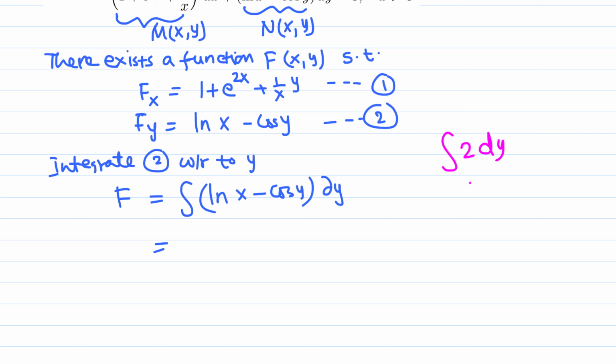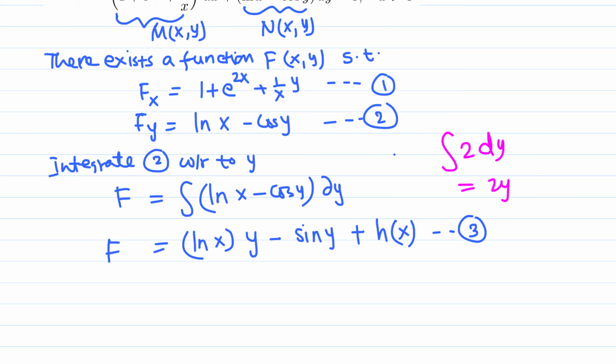When we have a constant dy, the antiderivative is ln x times y. Minus the antiderivative of cosine, which is sine y. Plus a constant of integration. But x could also be a constant in this case, because we are integrating with respect to y. So it can be some function of x. So that's the function.